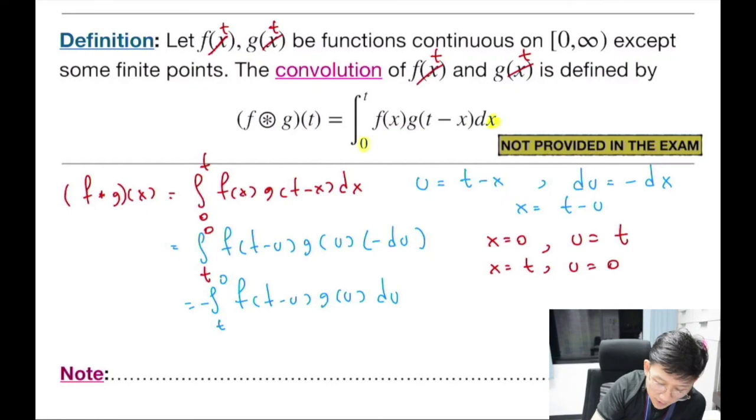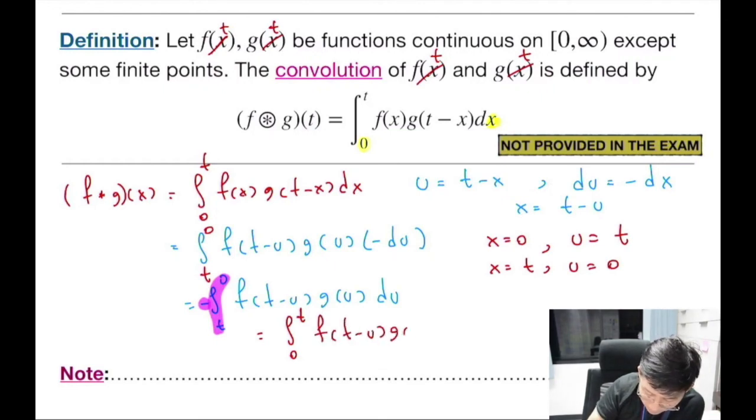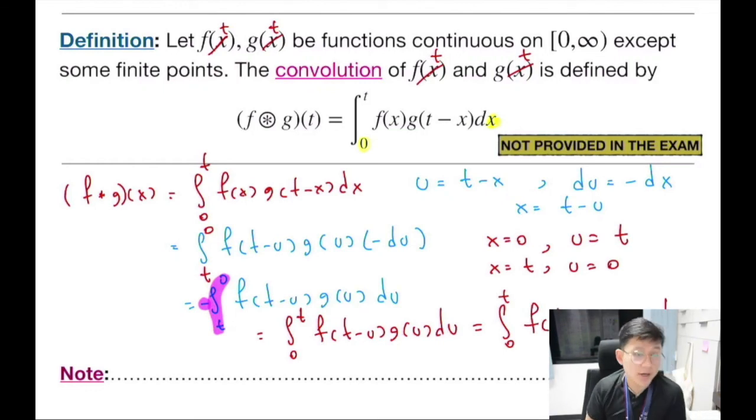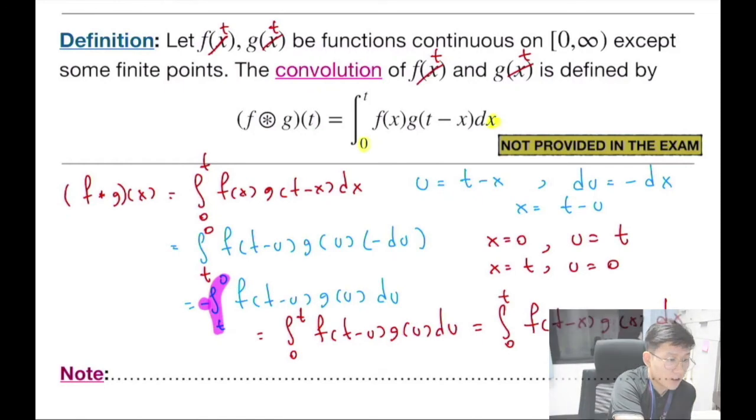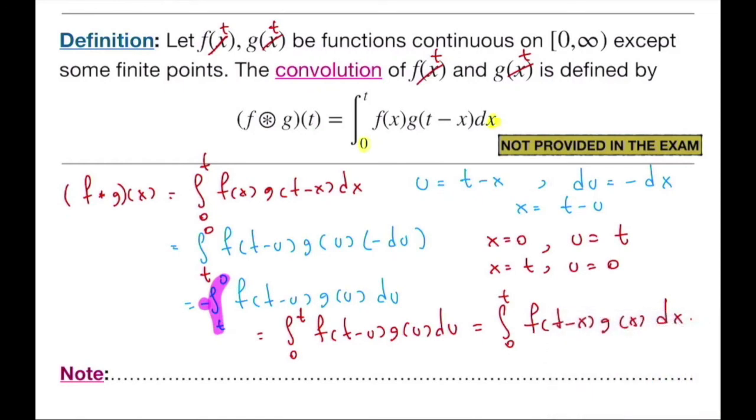So if I put the minus 1 into this integral, it becomes the integral from 0 to t of g(u) f(t minus u) du, and I can just change from u to x. It doesn't really matter, it's just a variable, right?